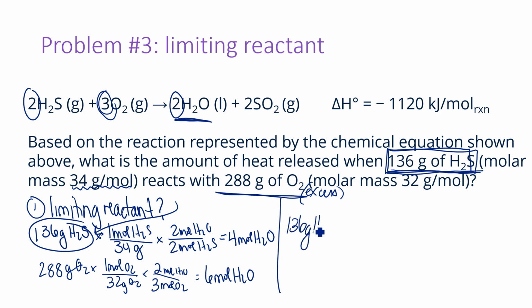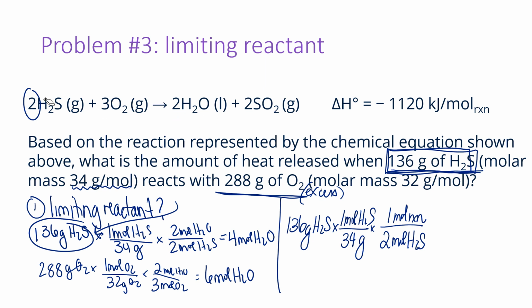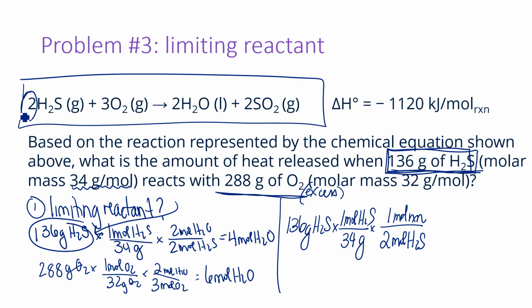So I'm going to take my limiting reactant. I got 136 grams of H2S, and 1 mole of H2S is 34 grams. Then if I look at our balanced chemical equation, each reaction, which is this whole thing, involves 2 moles of H2S.